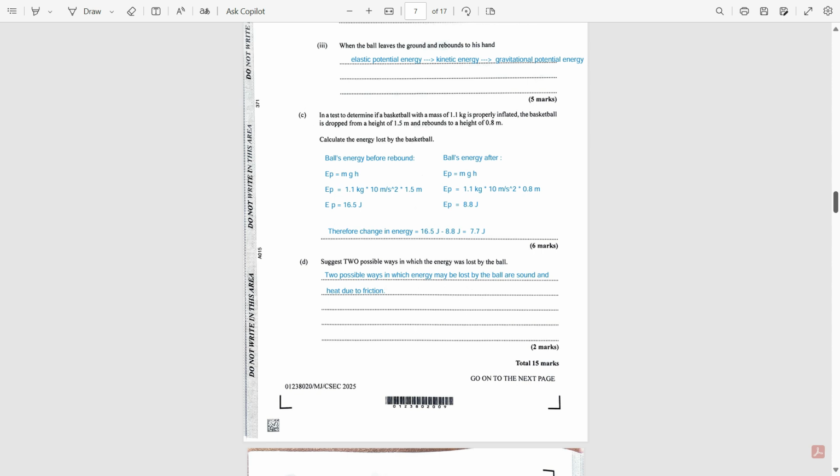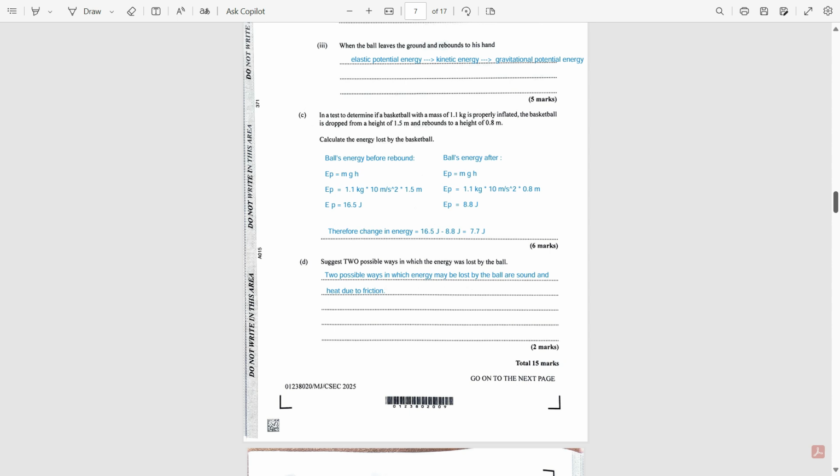So the potential energy before, using E equals mgh, was equal to 16.5. So remember, the mass stayed the same, but the height was different. The first height was 1.5, so it had potential energy of 16.5 joules. And then on the rebound, it had a height of 0.8, and therefore its potential energy was less.